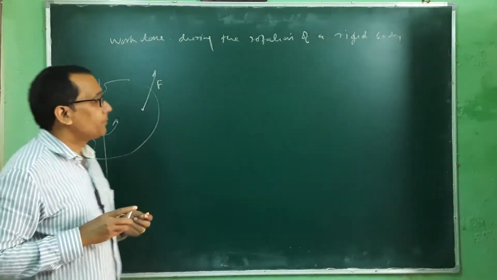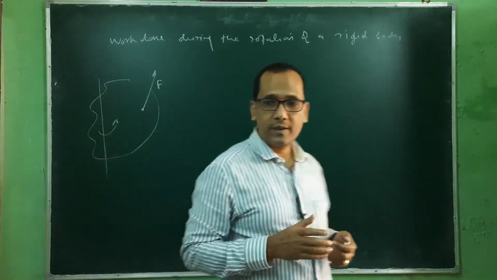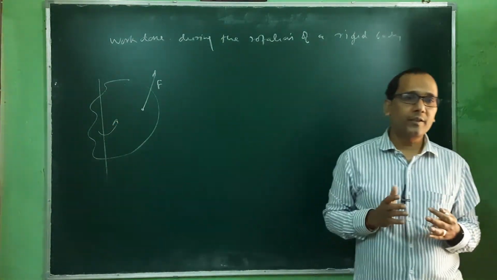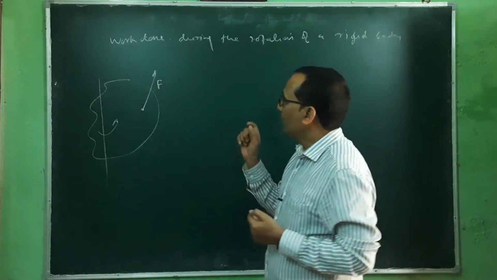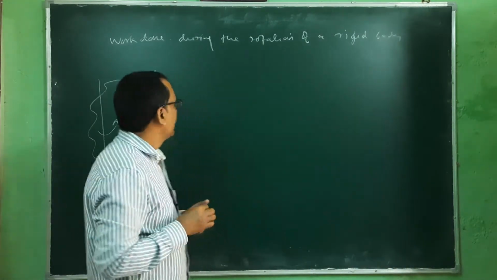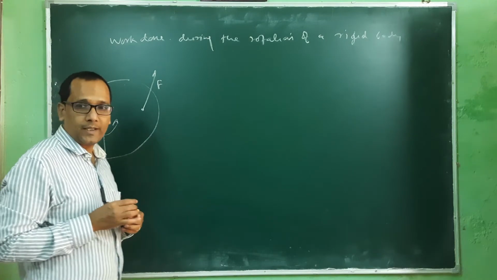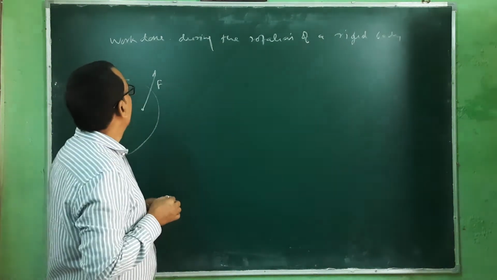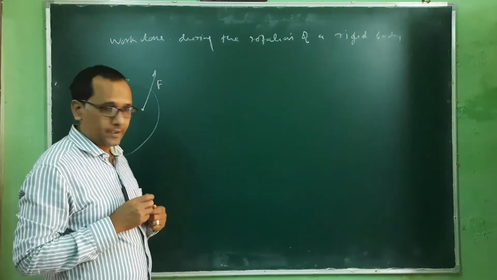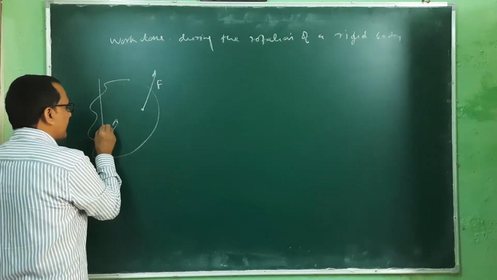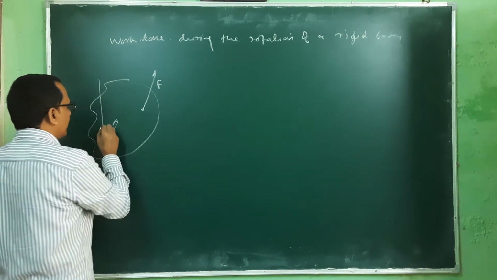From the simple definition of work, we know this is just the multiplication of force and displacement, so the dot product of force and displacement. We have to calculate that force in the direction of rotation, and also that displacement. So this is the point about which it is rotating.